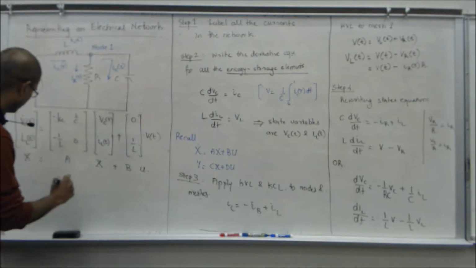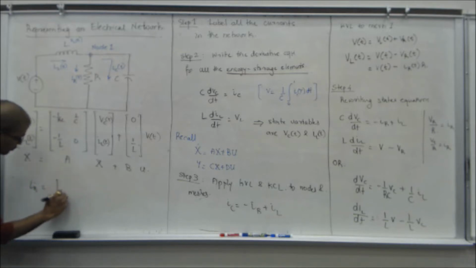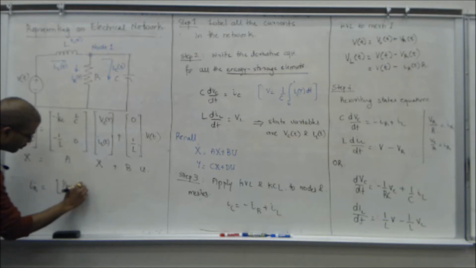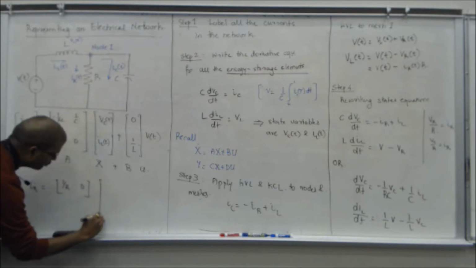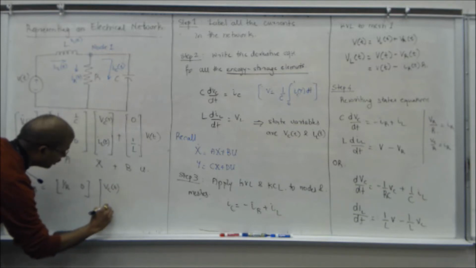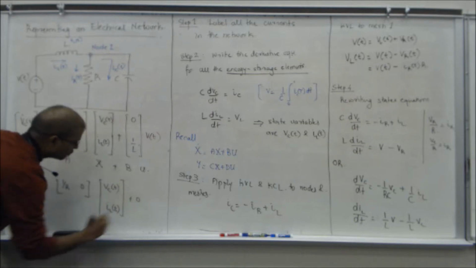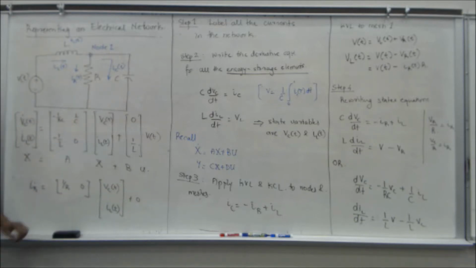IR. So you have Y, you have IR is equal to 1 over R, 0, times VC, IL of t, plus 0. Does this make sense? Because this is a state variable.